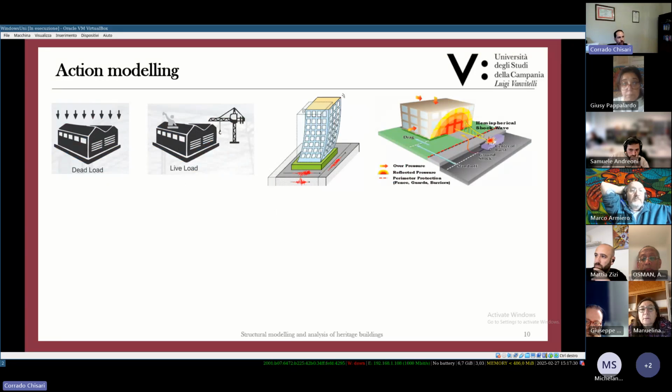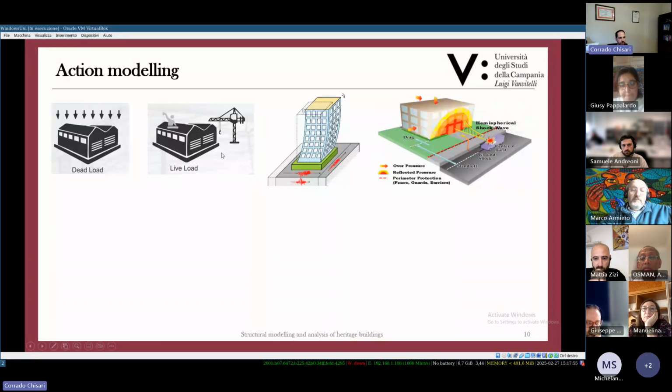Finally, a quick mention of the action modeling, the third level of modeling. We've got, of course, several different types of loads that can act on a building. We got the dead load, so-called. The dead loads are the loads which are basically fixed in the structure, like the weight of the structure itself.